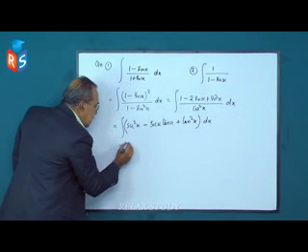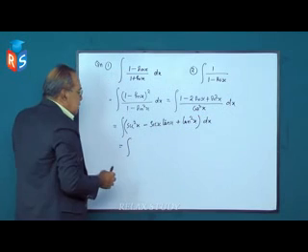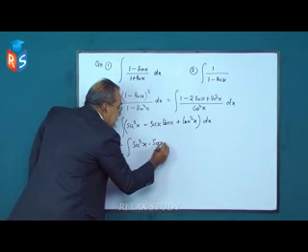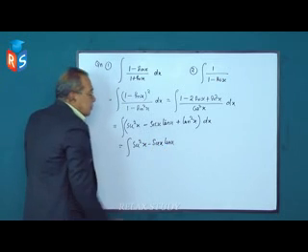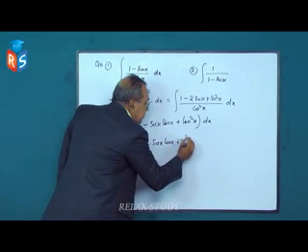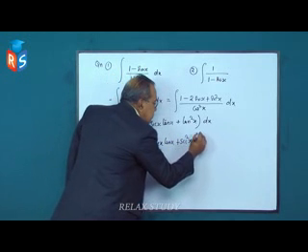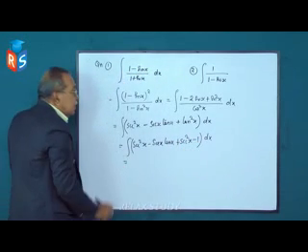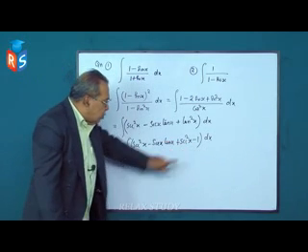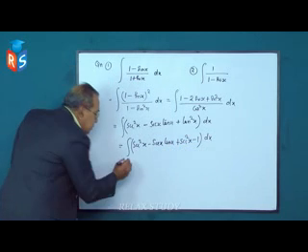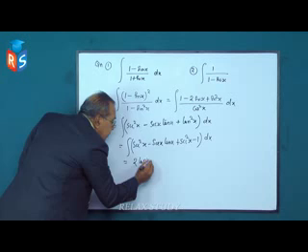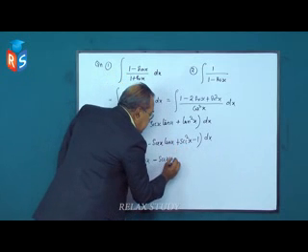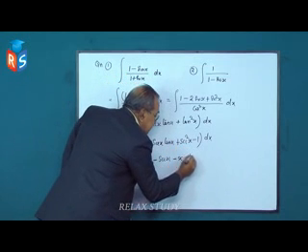This is the integral of sec squared x minus 2 sec x tan x plus sec squared x minus 1, which is the integral of 2 sec squared x minus 2 sec x tan x minus 1. Integral of 1 is x. So the result is 2 tan x minus 2 sec x minus x plus c.